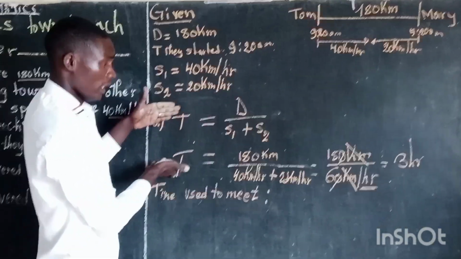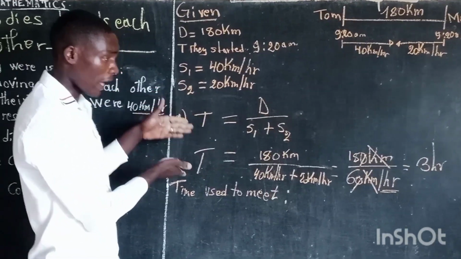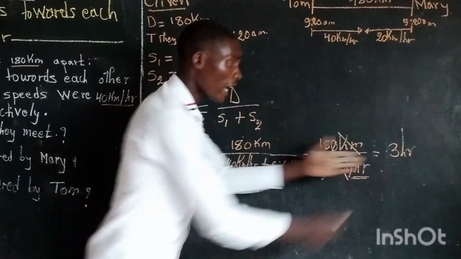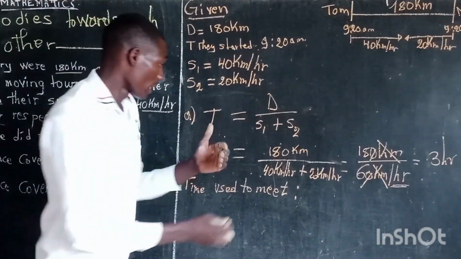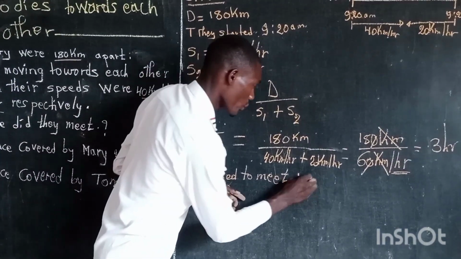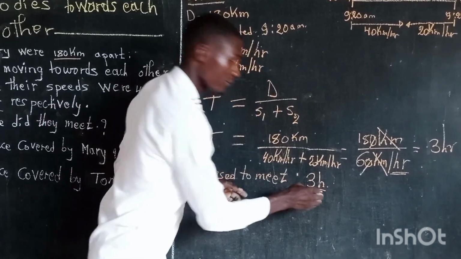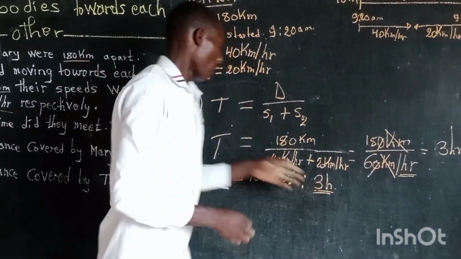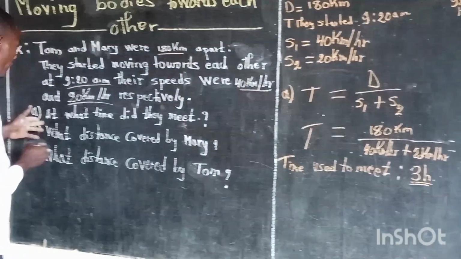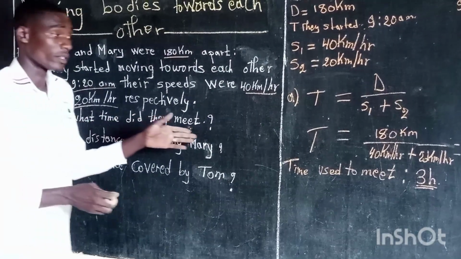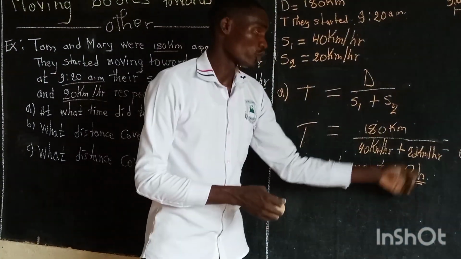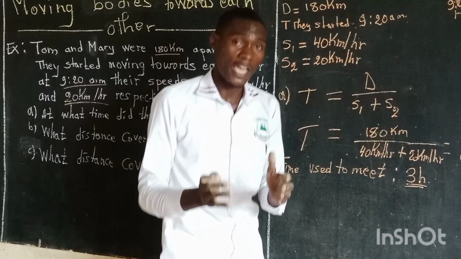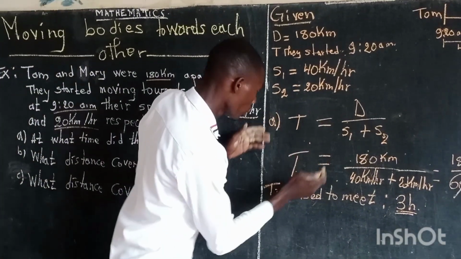By using this formula, we are able to find this time, and this time is the time that they have used to meet. So, we can calculate for the time they meet. By having this time used to meet, we can get the time to meet.